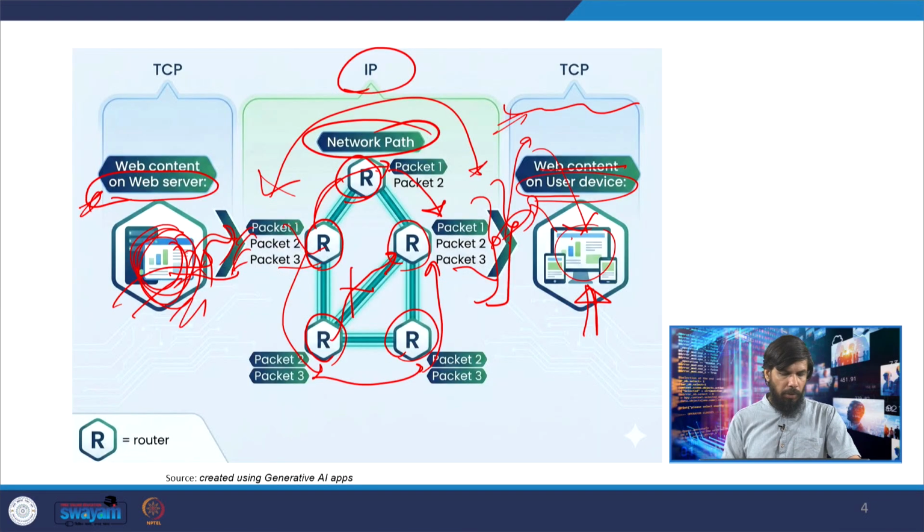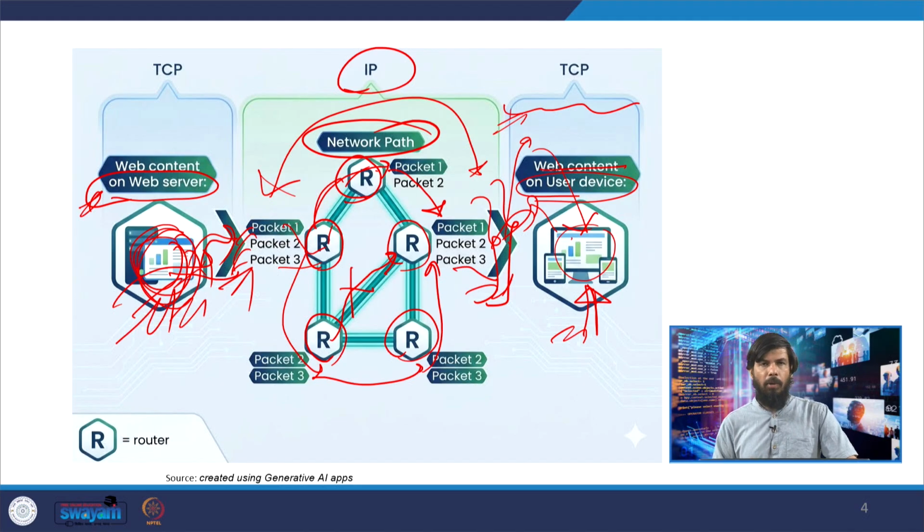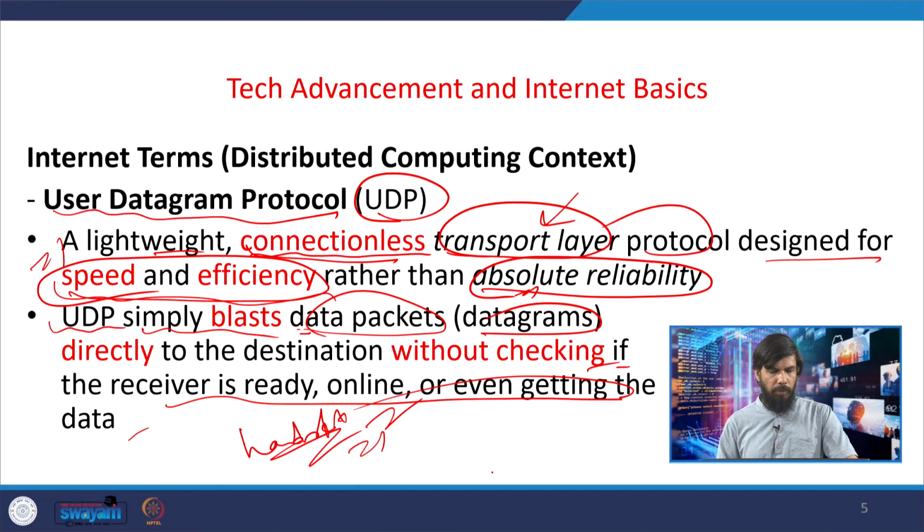Then we went through the diagram and understood how the content is broken into packets, which can take different network paths through different routers, and reach the destination where TCP does the reassembly. So, this gives us a clear idea about what happens to those packets through the network, where IP comes in, and where TCP comes in.